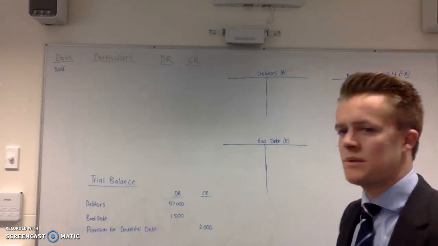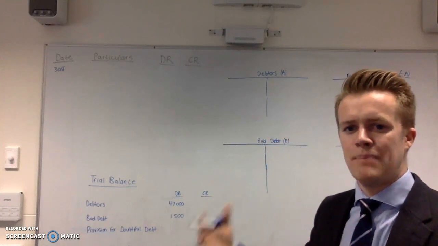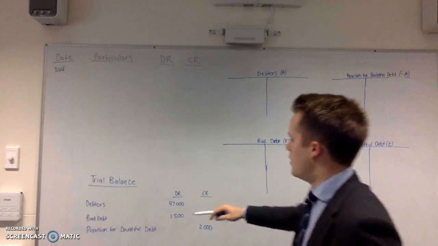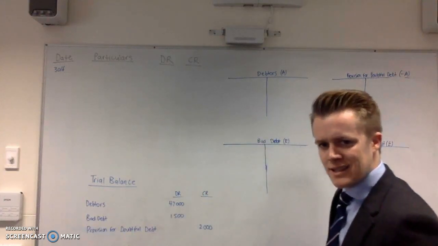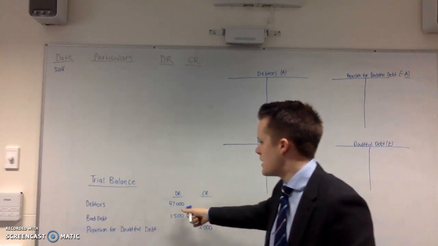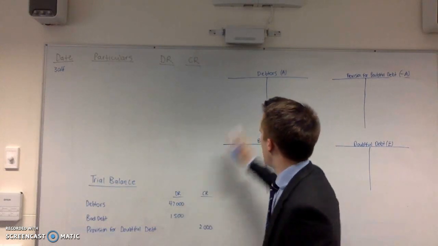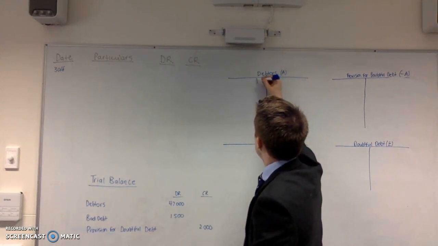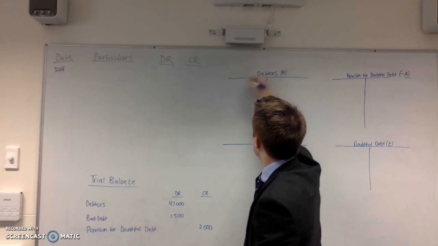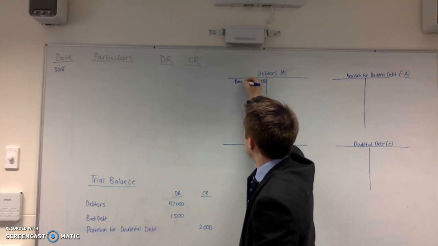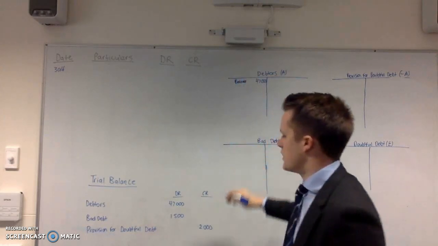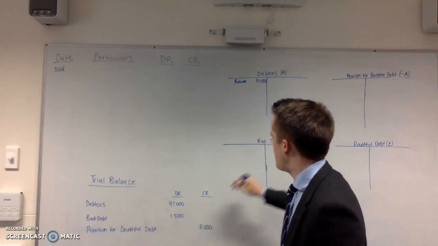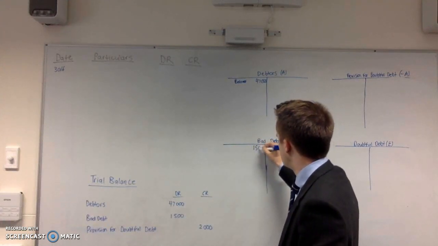Alright, so the first step is to record the balances from the trial balance into the T account. Okay, so we'll go ahead and do that now. We'll go to debtors, go to debit side balance, $47,000. Then we go to bad debt, go to debit side balance for $1,500.